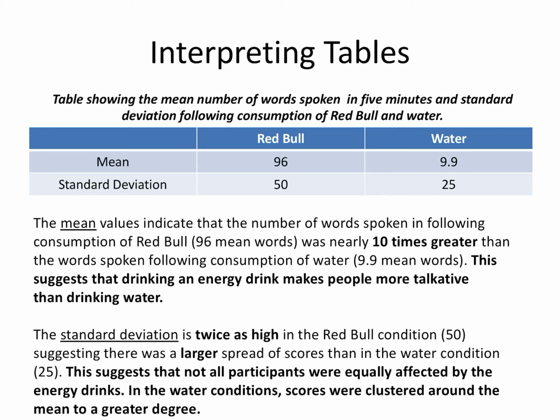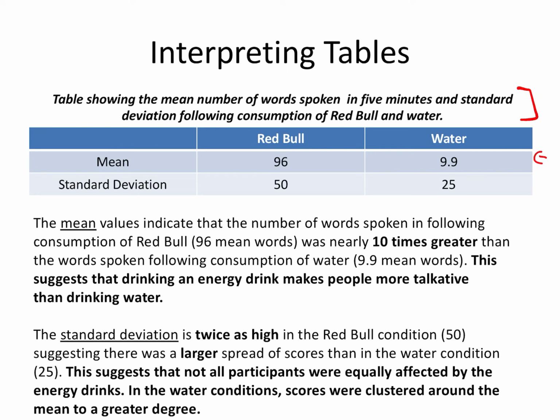Now, a question is likely to say, what do the means and standard deviations of the table suggest about the findings, or the psychologist's results? So here again, we can see we've got our title, which contains our variables. So a table showing the mean number of words spoken in 5 minutes and the standard deviation following consumption of Red Bull and water. So let's just take this mean row for the moment.